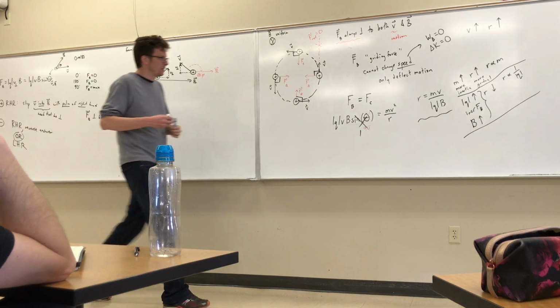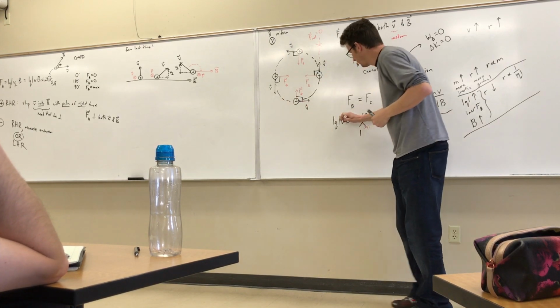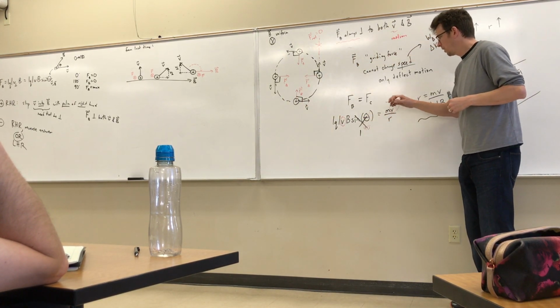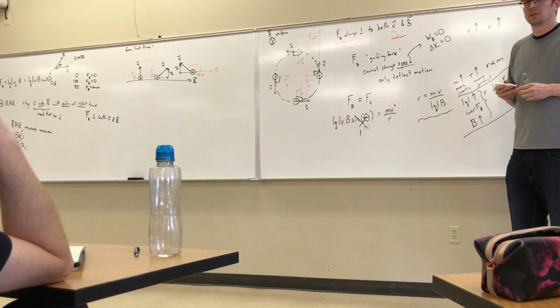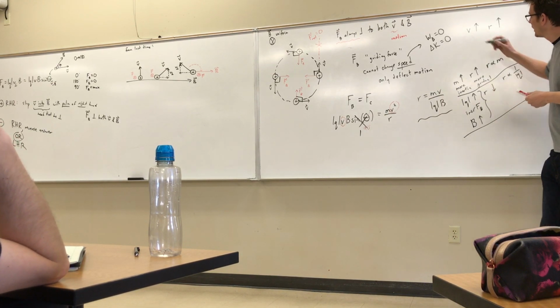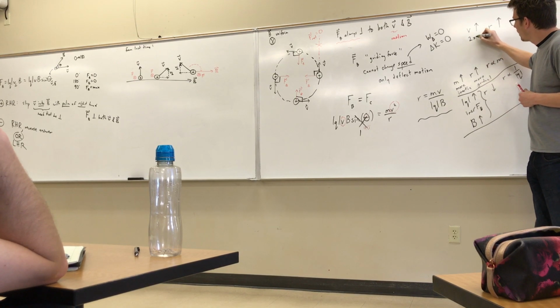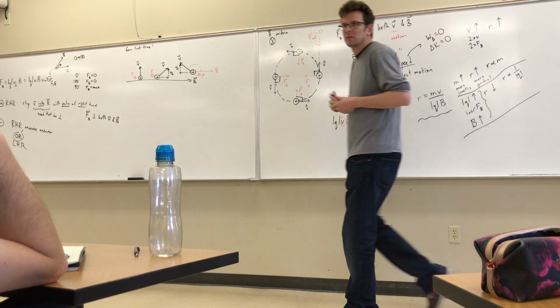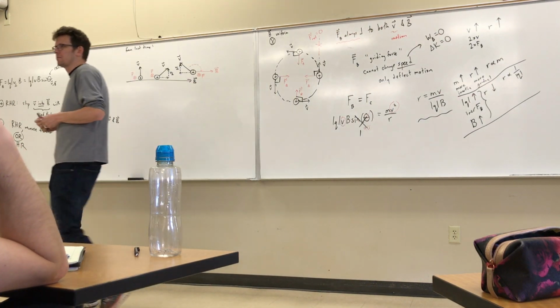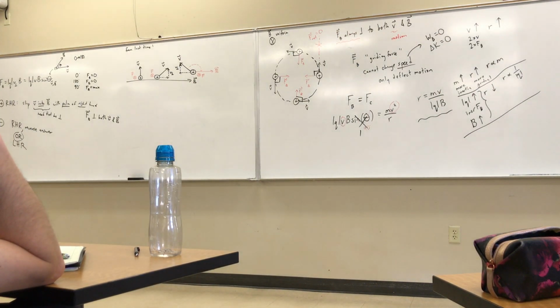Well, the problem is this. You have a v here, and you have a v here that's squared. So for instance, if you double the speed, you will make the magnetic force twice as strong. But here's the problem. How much more force do you need? How is the centripetal force? Quadruples.